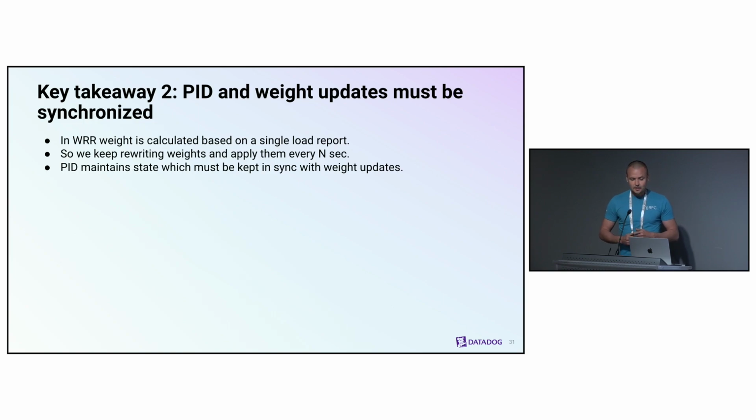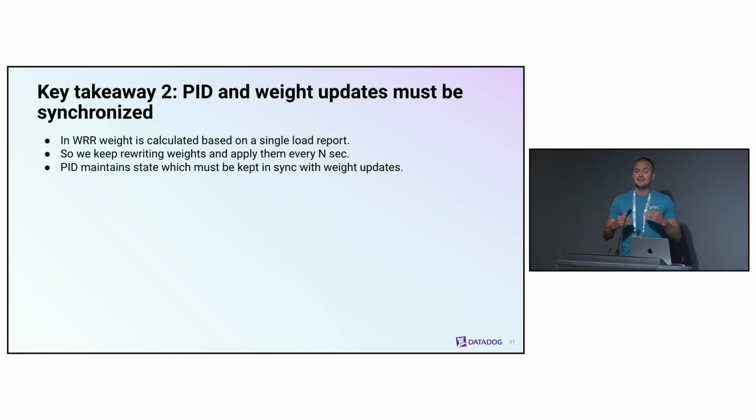So the second takeaway is that updates between PID and WRR weights must be synchronized. And this point requires a little more clarification. So how WRR works is this. Whenever it receives a load report from any server, it immediately recalculates the weight for this server. And it can do this because in WRR, weight updates are completely independent from each other.